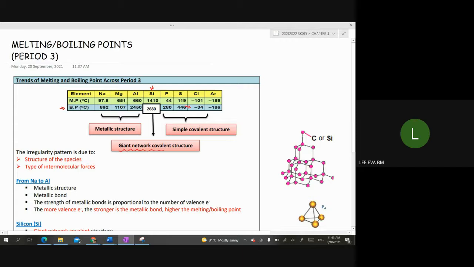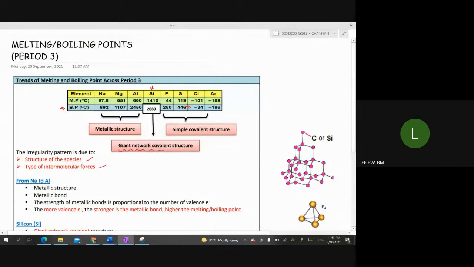How is it arranged for silicon atom? Then phosphorus until argon is simple covalent structure. So for your elements across period 3, the irregular pattern of your boiling point depends on the structure. When the structure is different, we have different types of intermolecular forces.